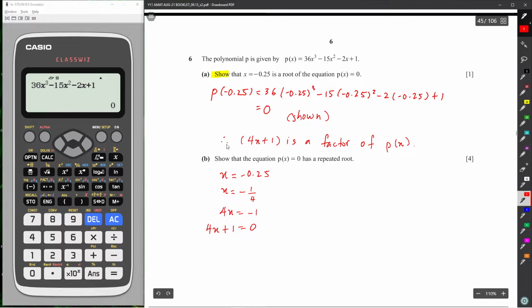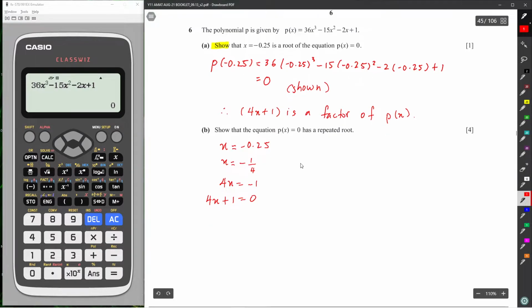Now we can use these important things that we have deduced here to continue on the next part of this question, which is in our B. So here, since we know that this is one of the factors, when I factorize this polynomial, this will be one of the divisors.